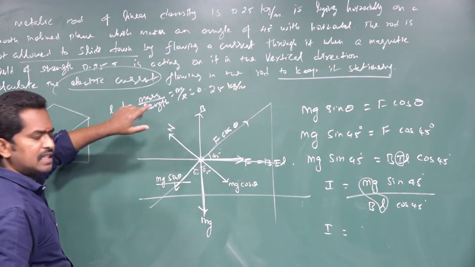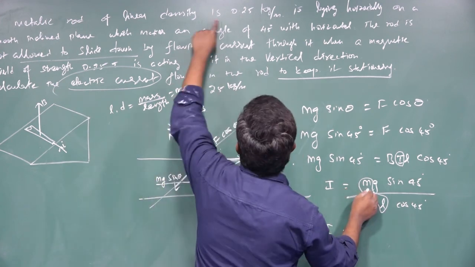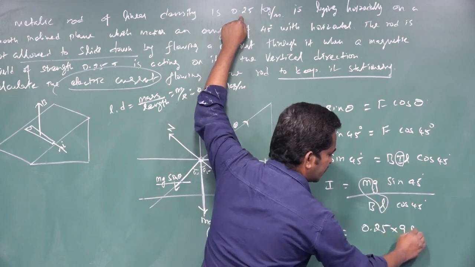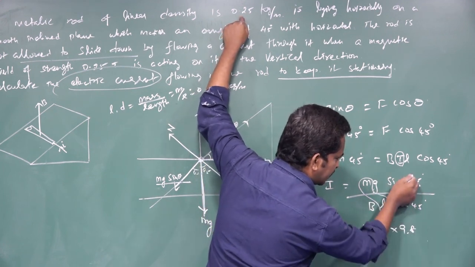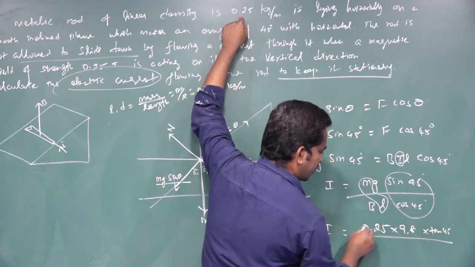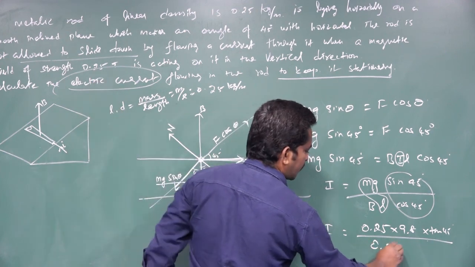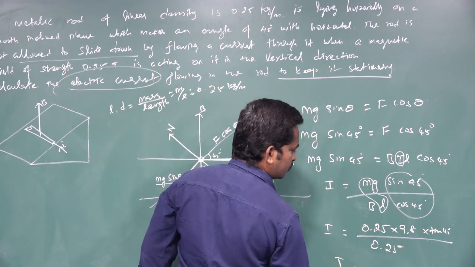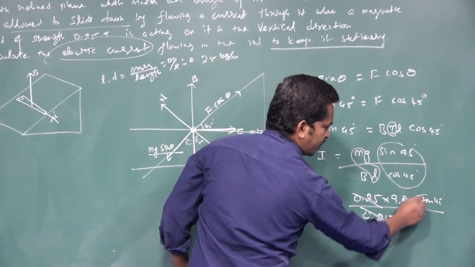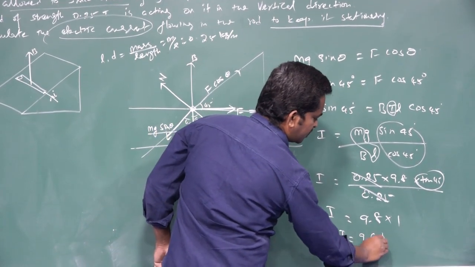So I equals 0.25 into 9.8 sin 45 divided by B cos 45, and sin 45 by cos 45 is tan 45. B value is 0.25 Tesla. So 0.25 cancels, leaving 9.8 into tan 45. Tan 45 is equal to 1. So I is equal to 9.8 ampere.